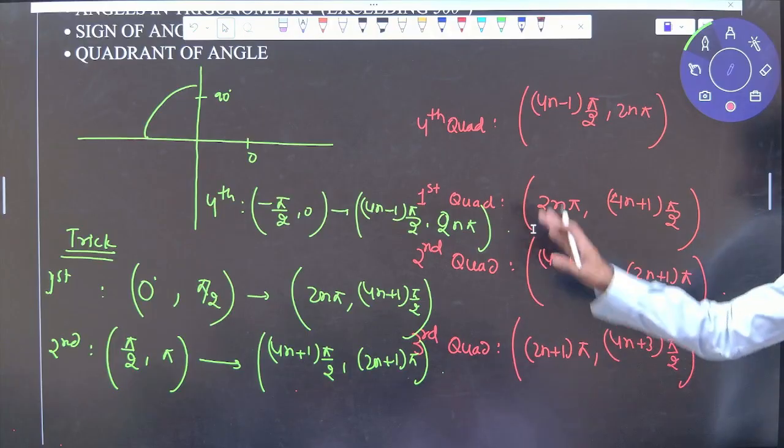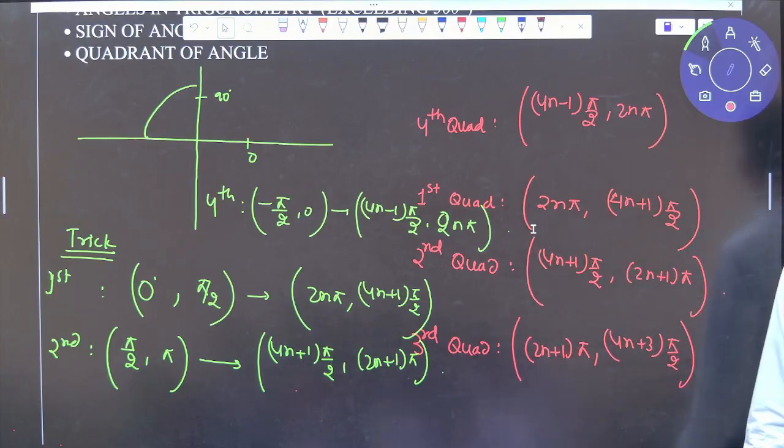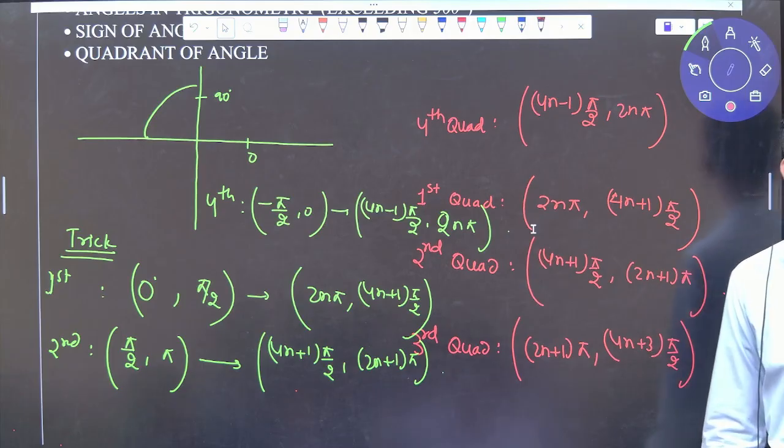That trick you have to remember, okay? Simple, write the smallest angle possible between both borders, add 2n pi. That's all.